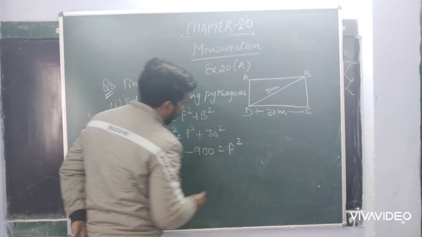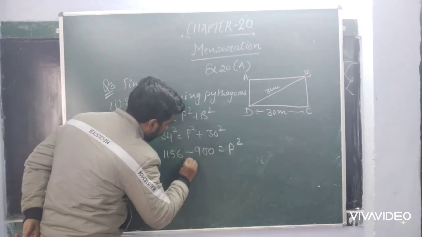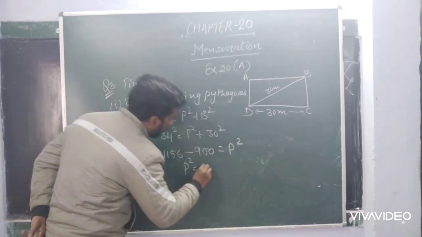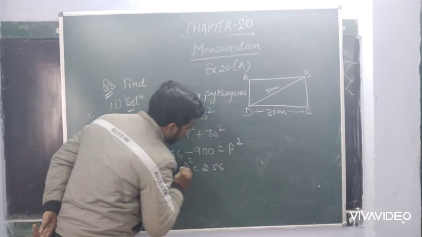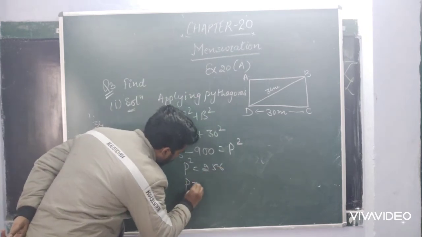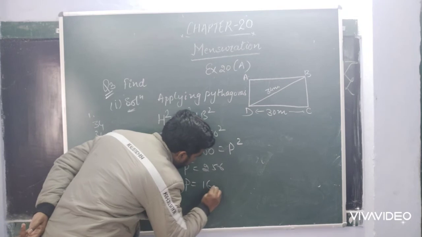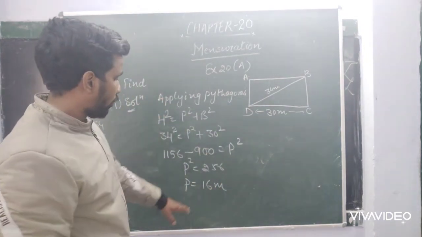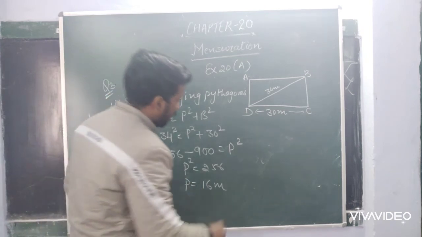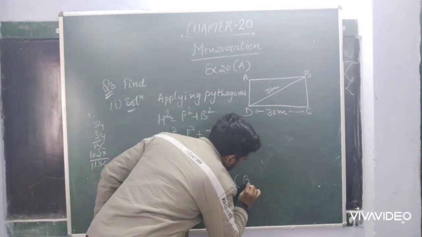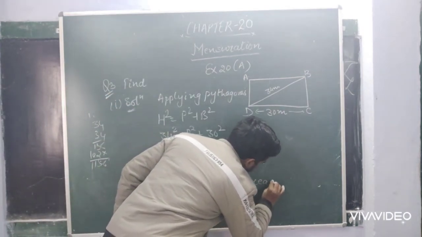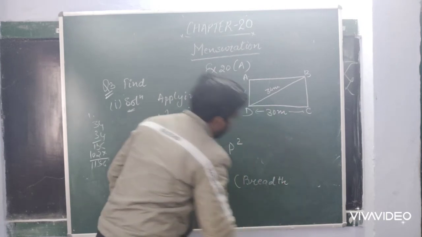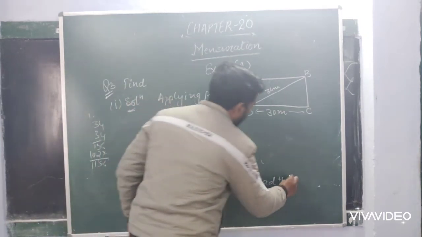That is p square. So p square will be equal to 256, so p will be equal to 16 meters. Clear? So we have found out this is the breadth.